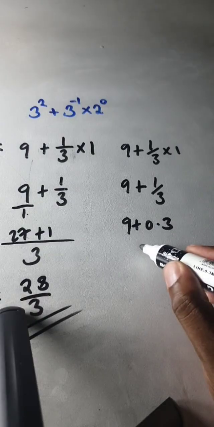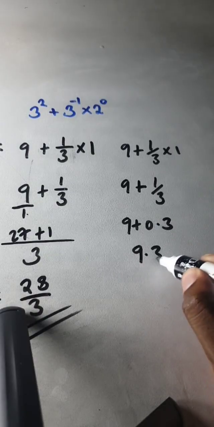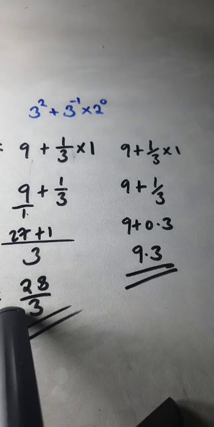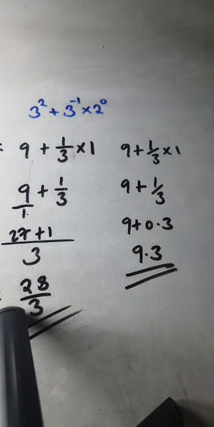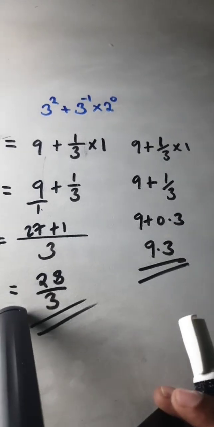What is 9 plus 0.3? It is 9.3. If you are to leave it as a decimal, you can definitely leave it like that. I hope you have gotten it. And of course, you can put that line to show they are repeating, but it's okay even if you leave it like that. Rachel, Safina, hope that was clear.